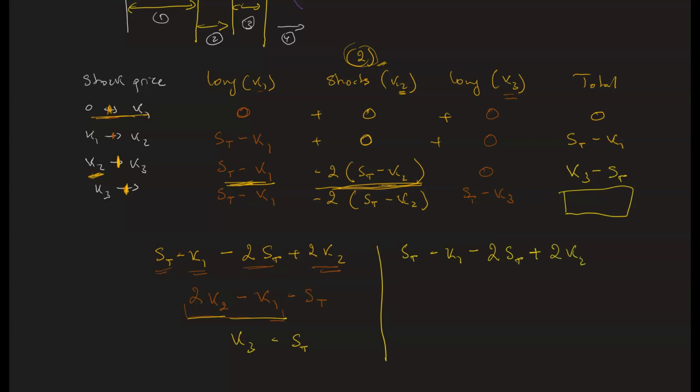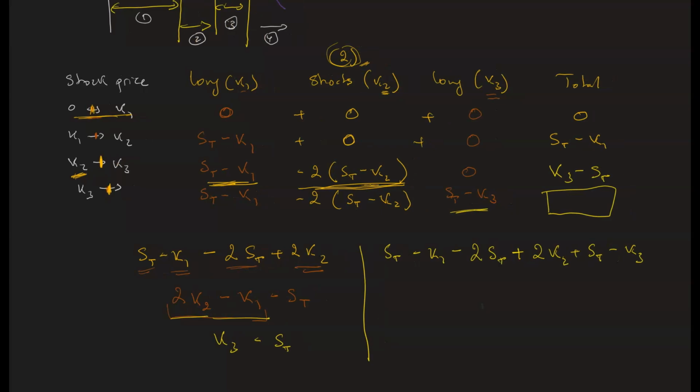And then what we want to do is add back this stock price minus strike price 3 that we have here, because this is the only time we have an outcome on the long call with the strike price 3. So it's going to be plus stock price minus K3.